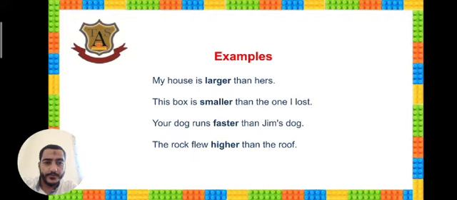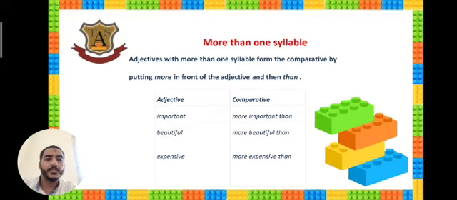Okay. Next one. This is the second kind of adjectives: more than one syllable. The adjective that has more than one syllable, more than one vowel in the word.